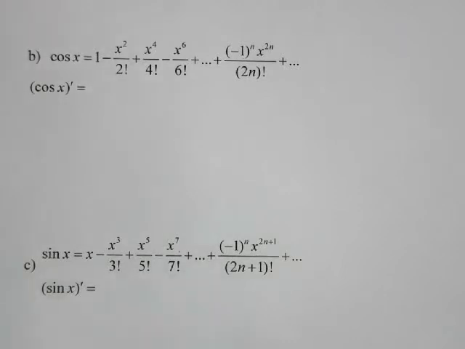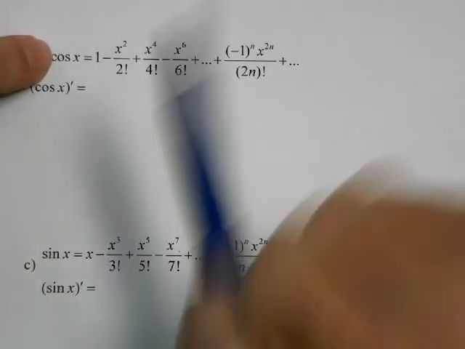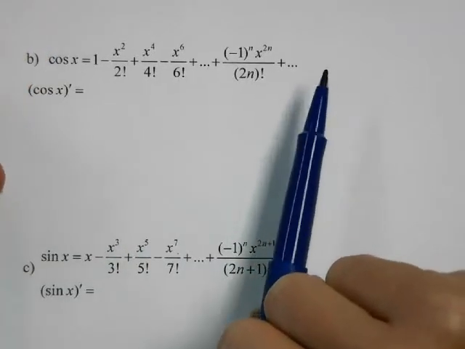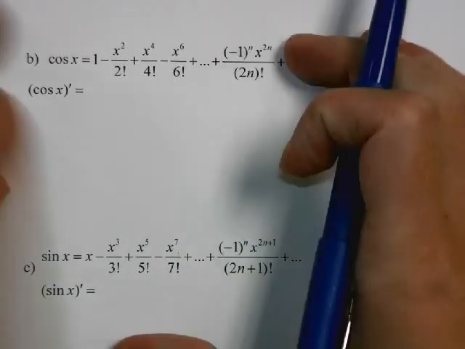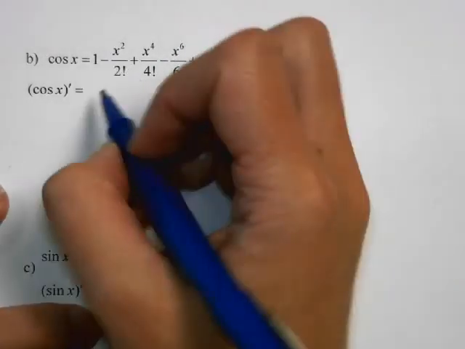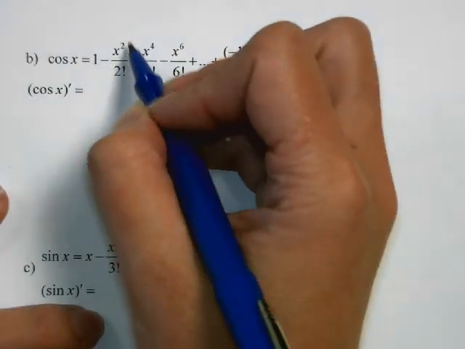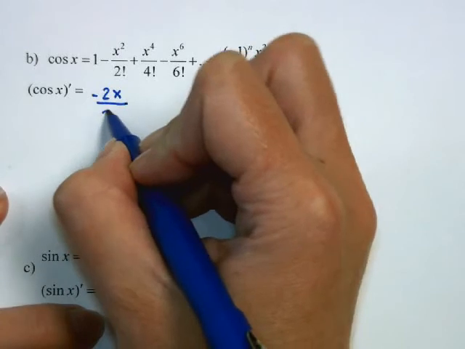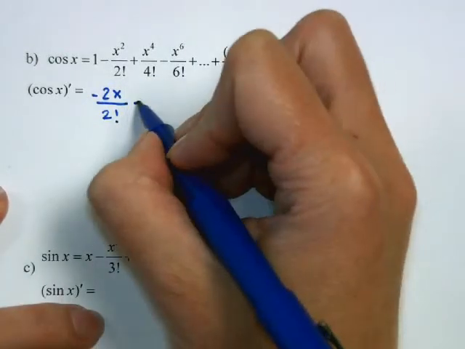Again, eventually, we're going to discover that cosine of x can be written as an infinite series, and this is the infinite series representing cosine. So if I take this derivative, the derivative of 1 is 0. This derivative, I'm going to have -2x over 2 factorial.